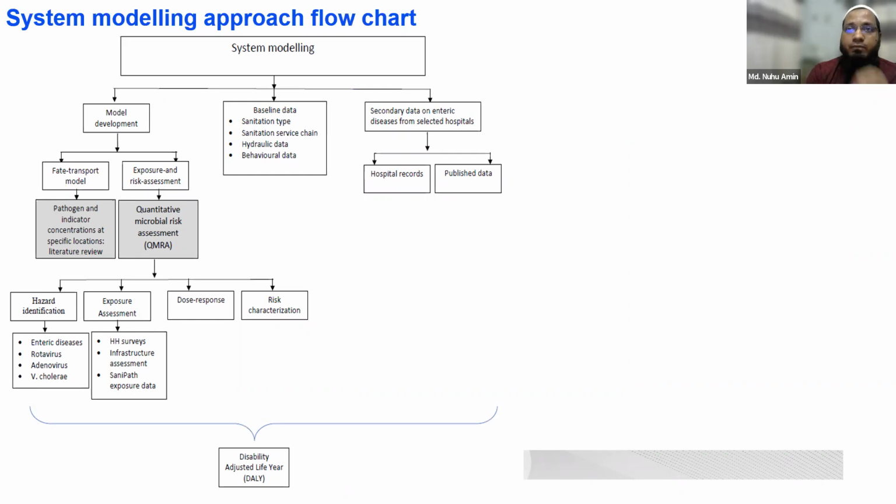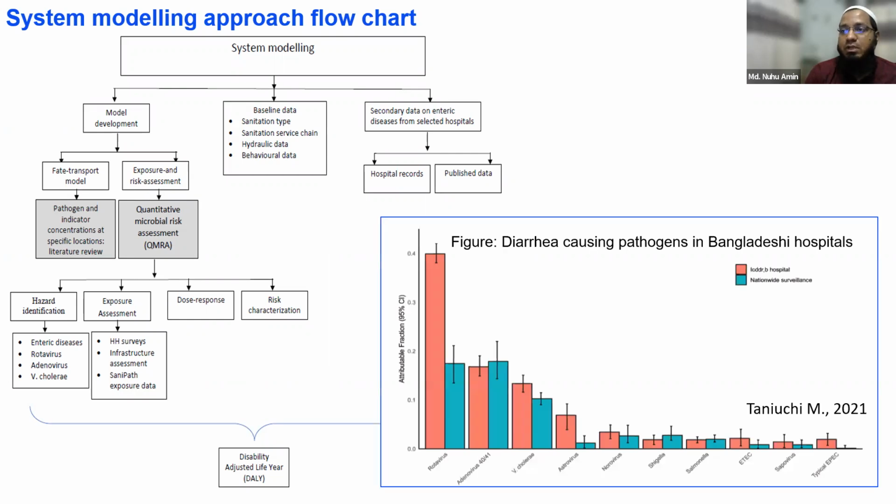For the model development, we will use the fate and transport model and also exposure and risk assessment. For exposure and risk assessment, we'll use quantitative microbial risk assessment, that is QMRA. For hazard identification, we will use the recently published literature by Mami Chinyusi from Virginia University.